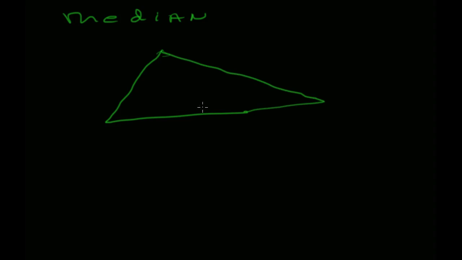So there we go, we have a triangle. And I find the midpoint of one side. There's the midpoint, and I connect one vertex to that midpoint. There we go. This is called a median.